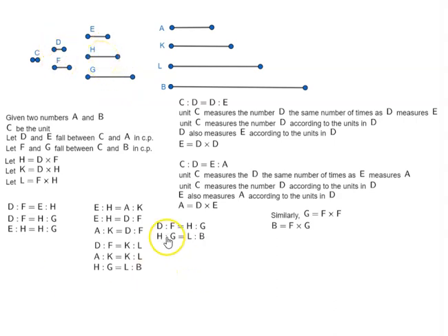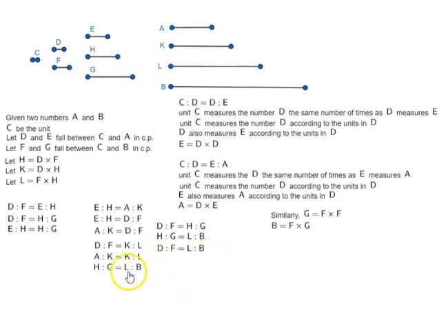H is to G is equal to L is to B. How? Because H measures L because L is equal to H times G. G measures B because B is equal to F times G. Basically, it measures the same number of times. So we can write it as a proportion. So here if you notice, H is to G is there, so we can combine them and write it as D is to F is equal to L is to B.